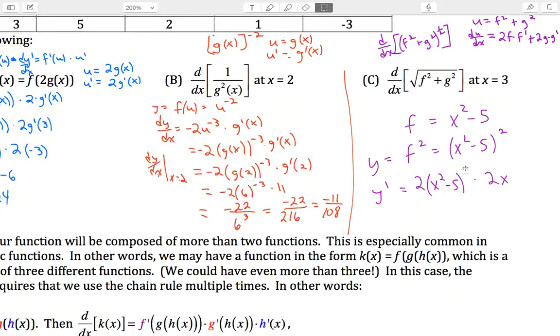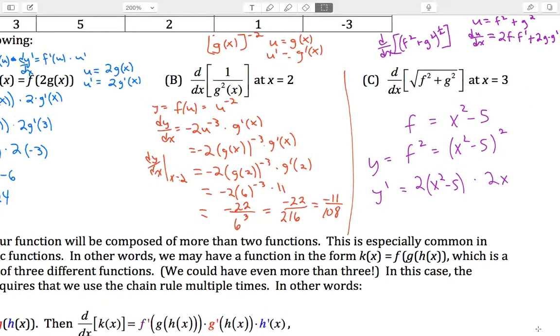2 times the inside, the derivative of the outside with the inside still in it, times the derivative of the inside. Do you see that? I don't really know what f is, so whatever f is, the derivative of f squared is 2 times f times f prime.